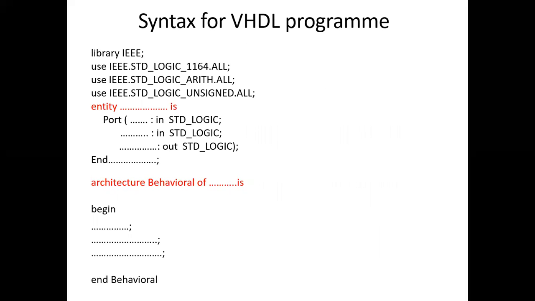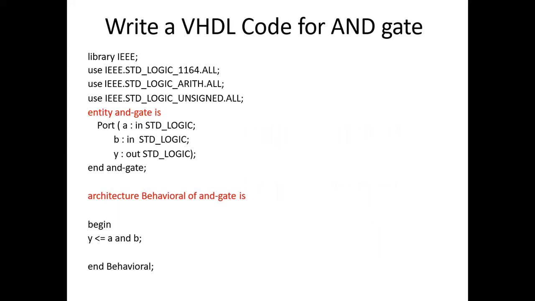This is the syntax for VHDL programming: first port, end, and begin, end behavioral is the behavioral modeling. This is the VHDL code for an AND gate. First we need to get the library from IEEE, then use the logic, arithmetic and unsigned libraries. The entity is AND gate with ports A, B, and Y. Here we define the port values: A input standard logic, B input standard logic, and Y output standard logic, and finally end AND gate.